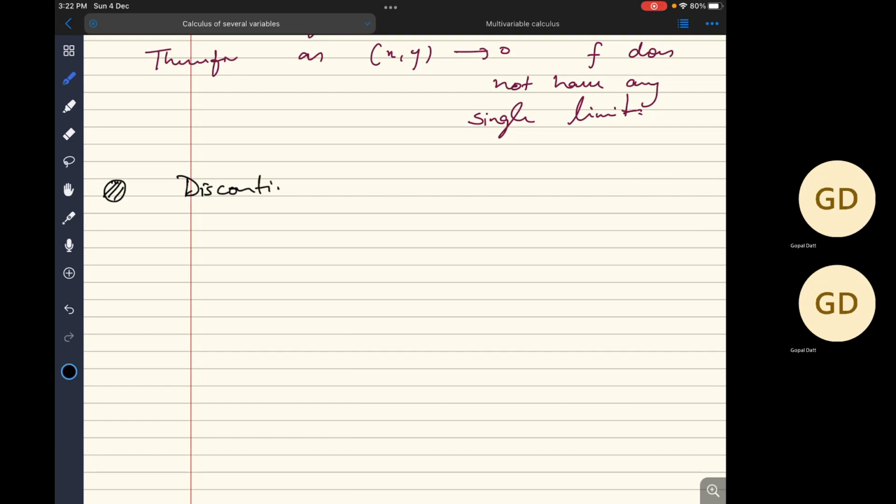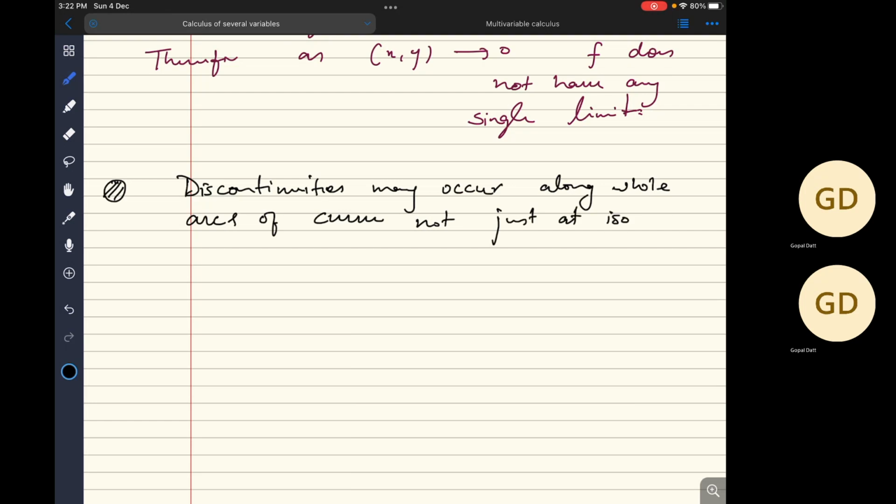Discontinuities may occur along a whole arc of a curve, not just a single point or isolated points.